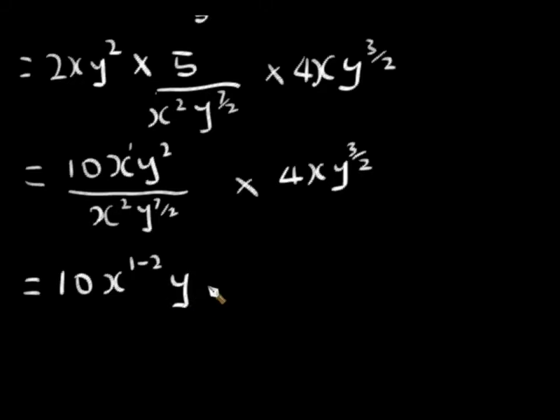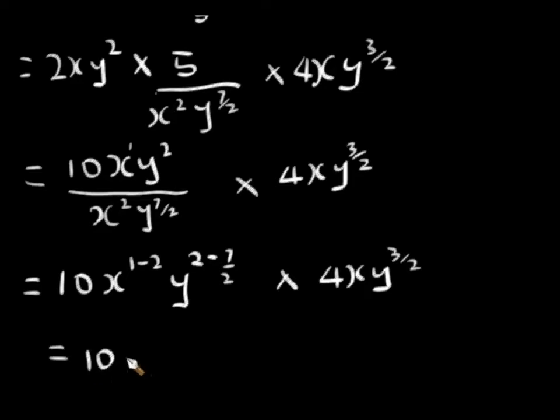Y is going to be raised to power 2 minus 7 over 2, still multiplied by 4x y raised to power 3 over 2. So in the end we are left with 10, now x, and this power here, 1 minus 2 gives us minus 1.